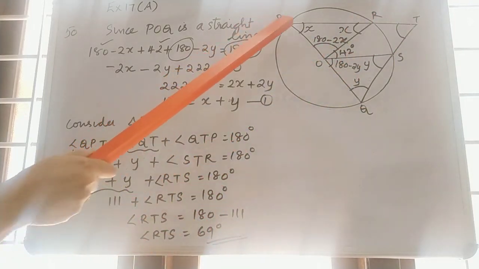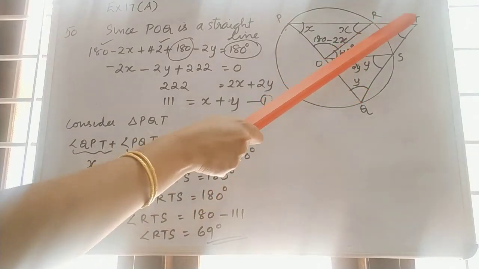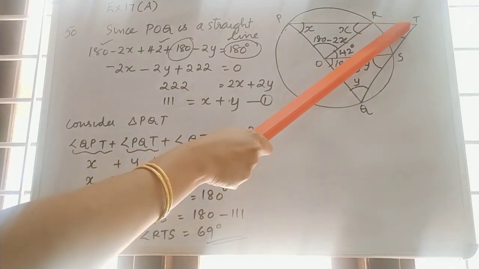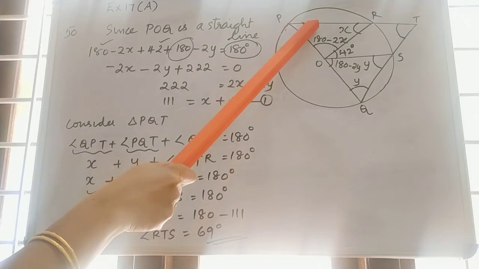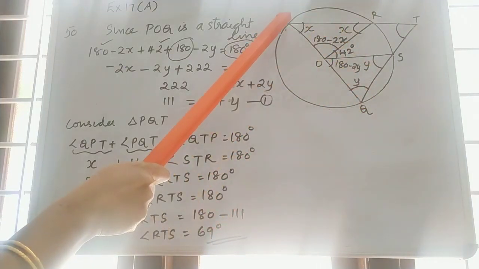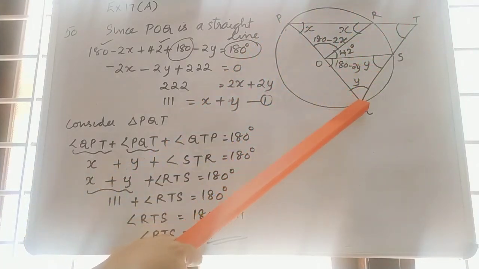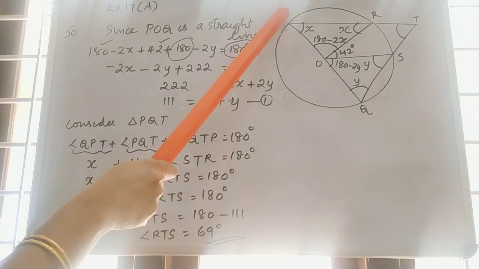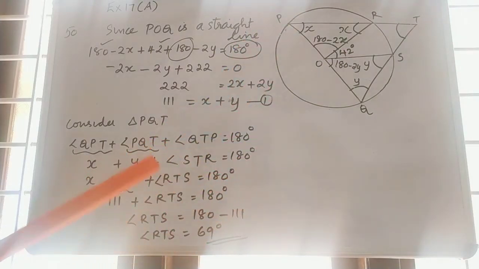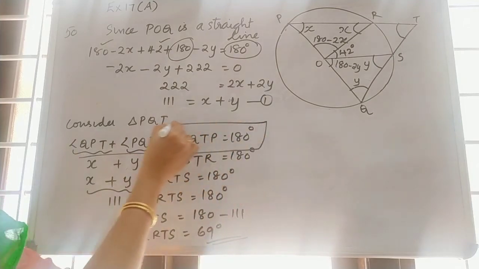That means this angle P plus this angle Q plus angle T is equal to 180 degree. So we can write x plus y plus angle PTQ or QTP will be 180 degree. That is x plus these three angles is 180 degree.